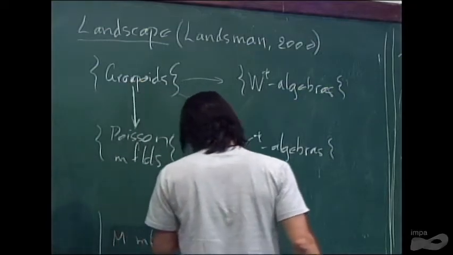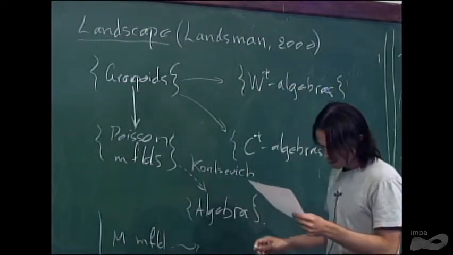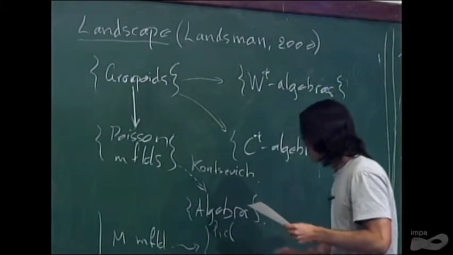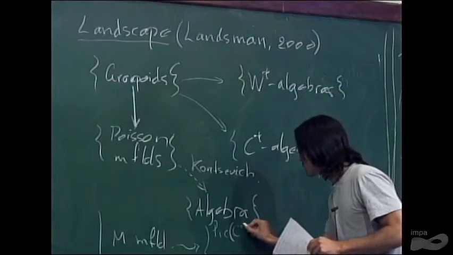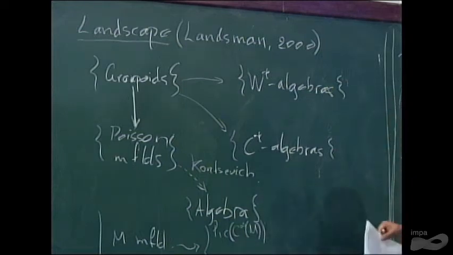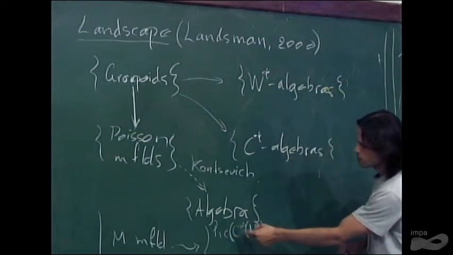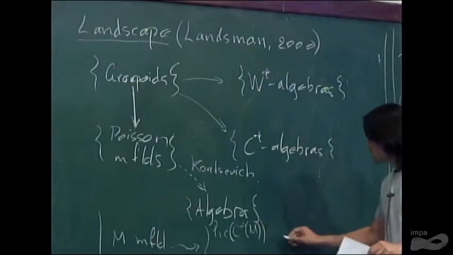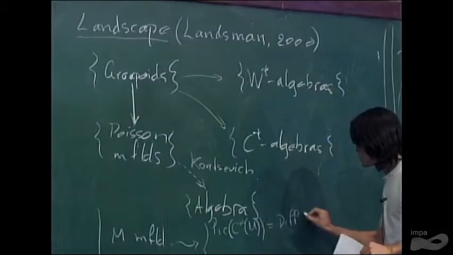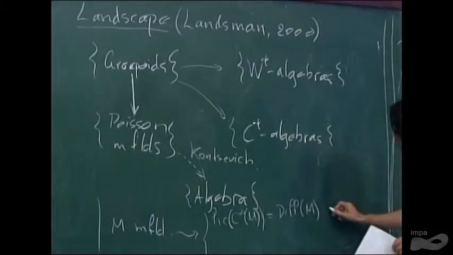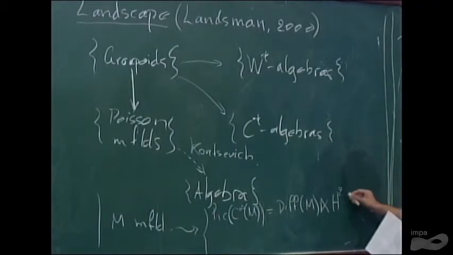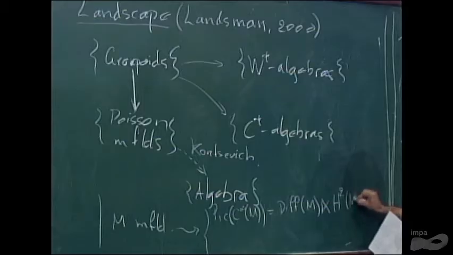It was shown by Bursztyn and Weinstein around 2004 that if you consider the Picard group of the algebra of functions of this manifold, the Picard group is just the group of self-Morita equivalences of this object. This is isomorphic to this group here, the diffeomorphisms of M, semi-direct product with this Picard group here.